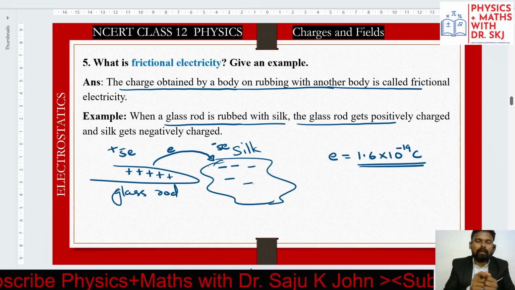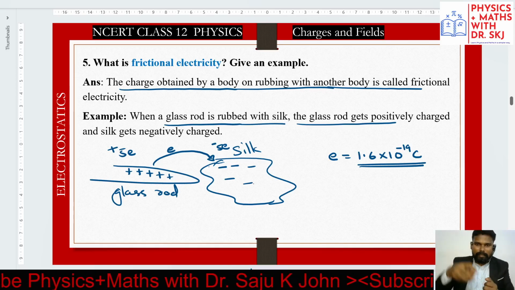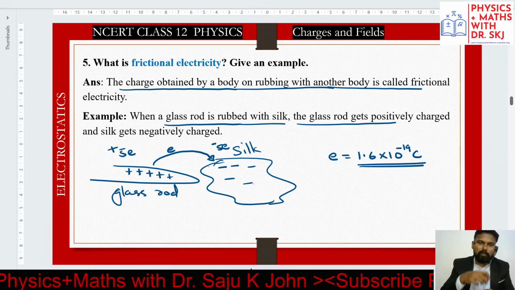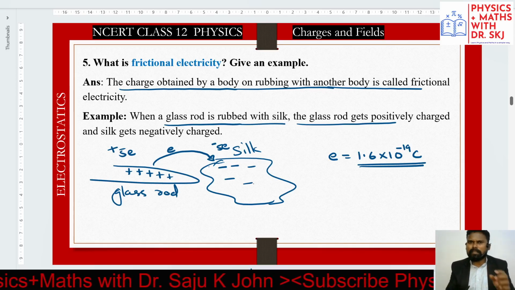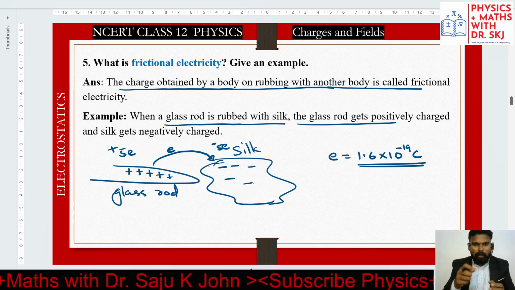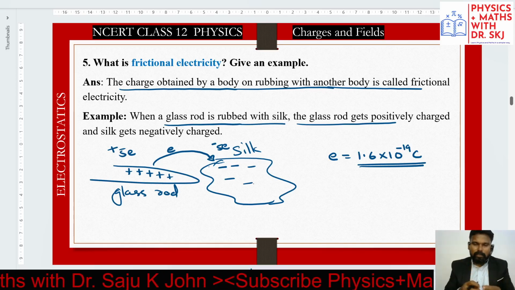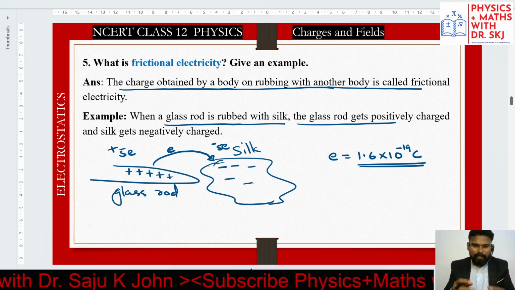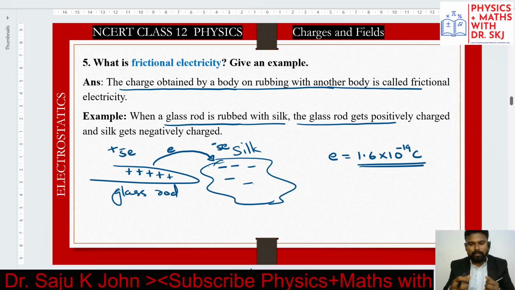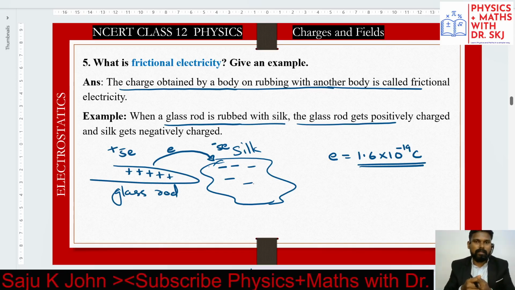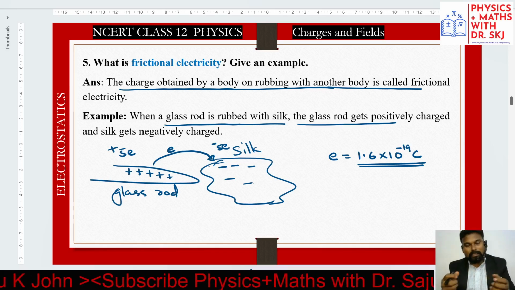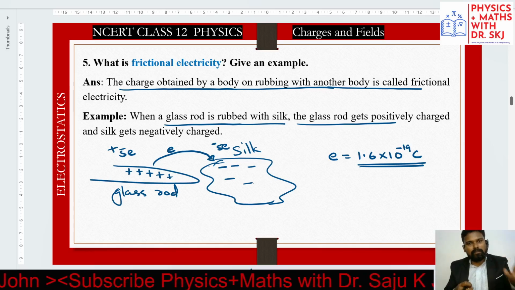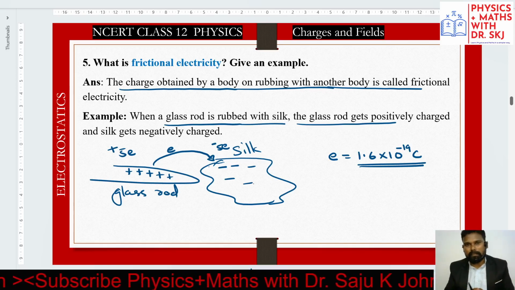When rubbing, what happens? Heat energy is developed. Taking that heat energy, electrons will move from one material to another. From which material to which material? Out of these two materials, electrons will move from the material in which the electrons are loosely bound. If the electrons are strongly bound in a material, electrons cannot get free from that material.